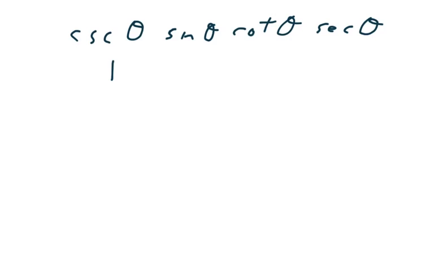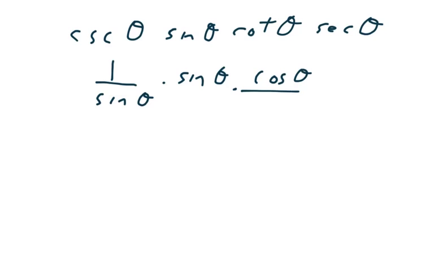Alright, so number 7 has the cosecant of theta, sine of theta, cotangent of theta, secant of theta, and we're trying to simplify it. So cosecant is 1 over sine, and we got the sine, and we got the cosine over the sine, and we got 1 over the cosine for secant, because it's always easiest to simplify with sines and cosines.